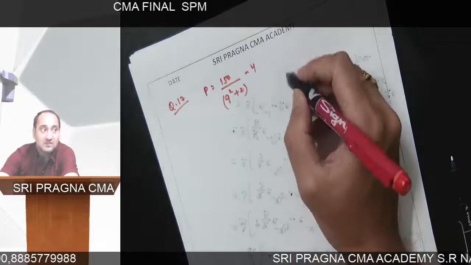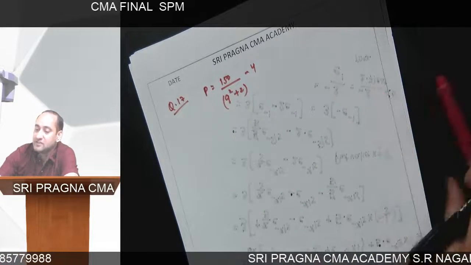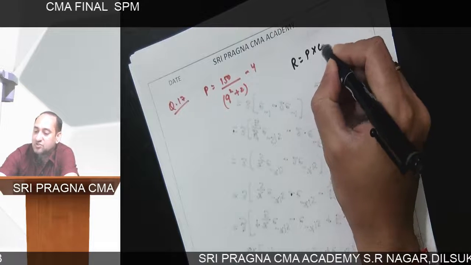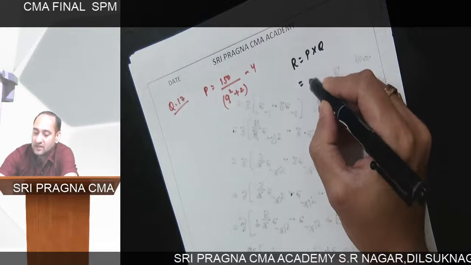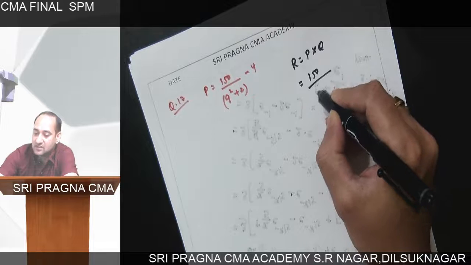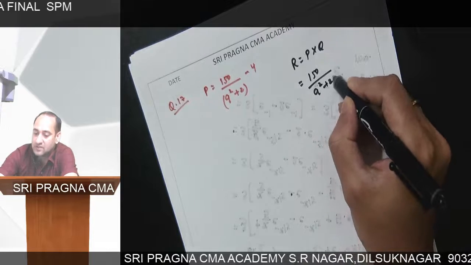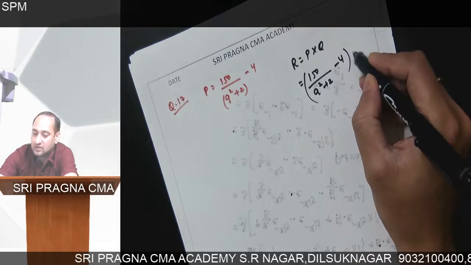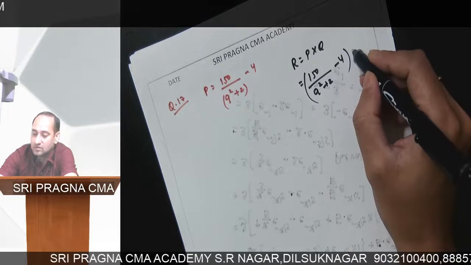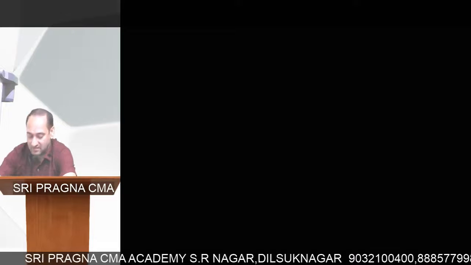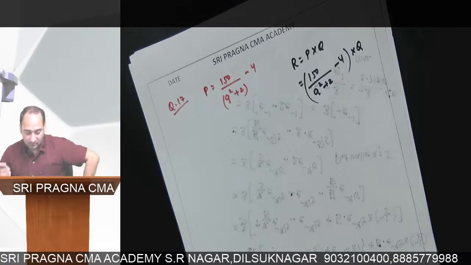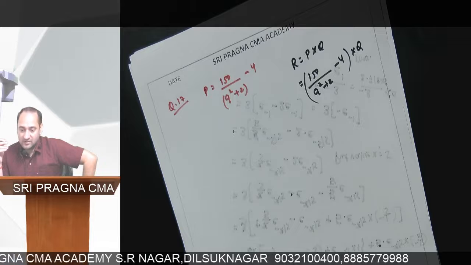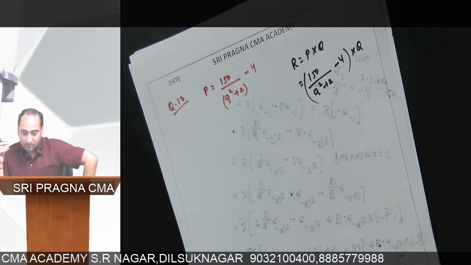So this is the price, and we need to find the revenue. Revenue is equal to price into quantity. Price is given here, 150 divided by q square plus 2, minus 4, and I need to multiply with the quantity. Clear to all of you?